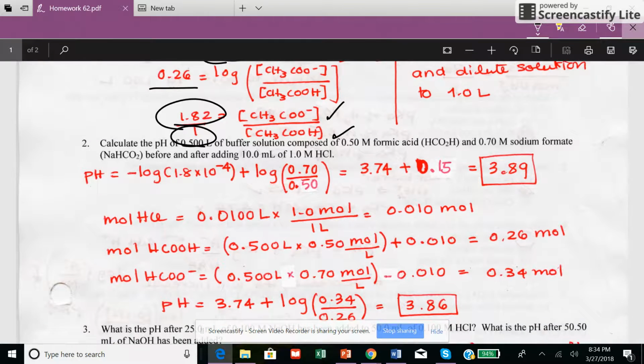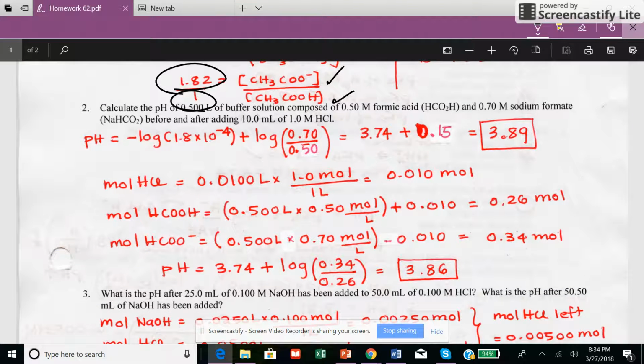Okay, number two, there's two questions here. You have the buffer of the formic acid, and then you have the formate. Sorry, let me erase this.